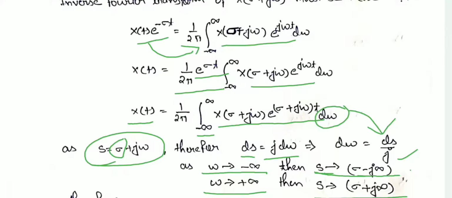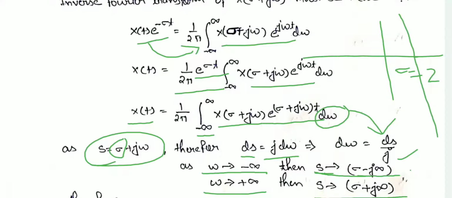Here the imaginary part tends to infinity, but the real part has to be kept constant. In the s plane, if sigma equals, let's suppose, 2, then the imaginary part tends to negative infinity and positive infinity, and it becomes a line parallel to the imaginary axis.